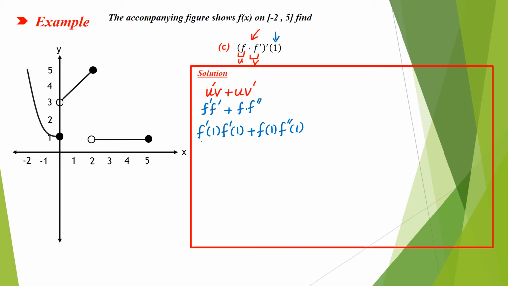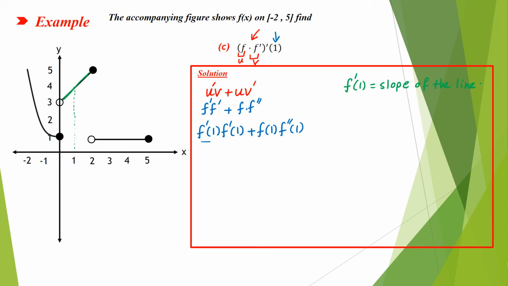Now f prime of 1 means the slope here, because this is 1. There is no formula to find the first derivative, but this graph is a line, so the slope at each point is equal. So f prime of 1 equals the slope of the line, and for the slope of a line you have to take 2 points.